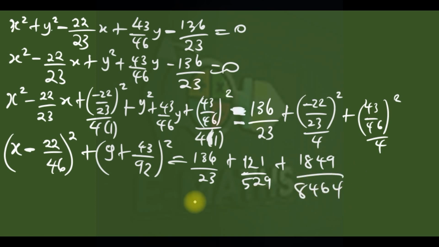So we can get the LCM of this. The LCM is 8464. So this divides this, and that should be 50048, plus 8464 divided by 529 is 16. 16 times 121 is 1936.